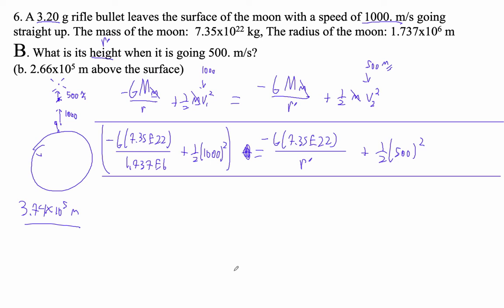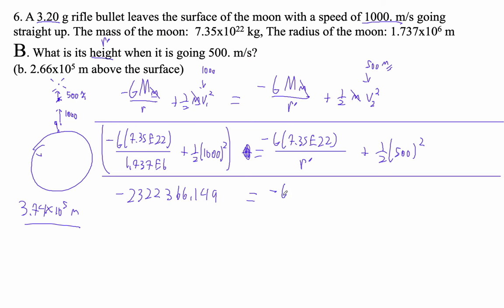Should be a big negative number. Okay, plus 0.5 times 1,000 squared. This side is negative 2,322,366.149.